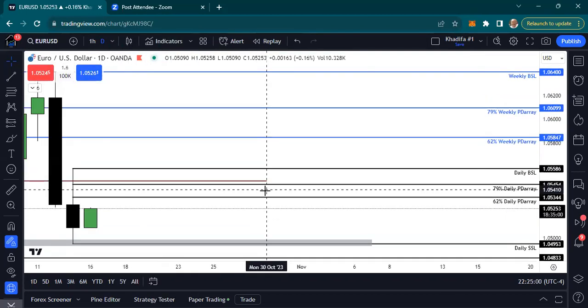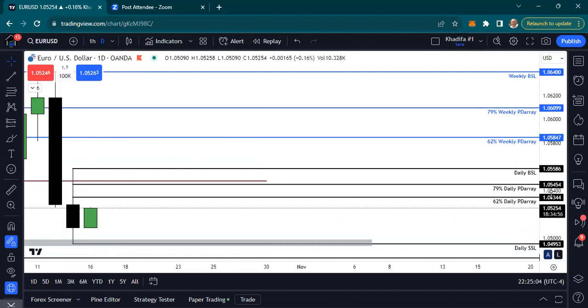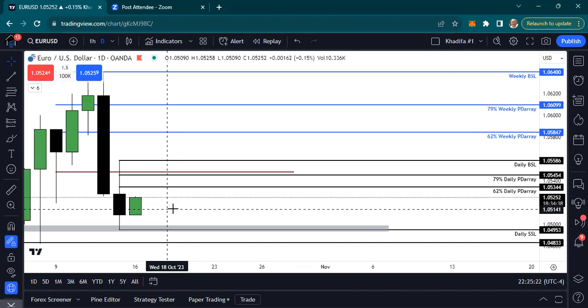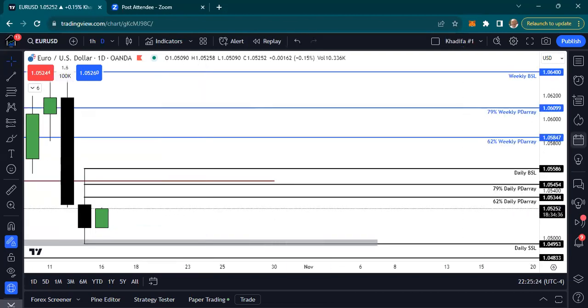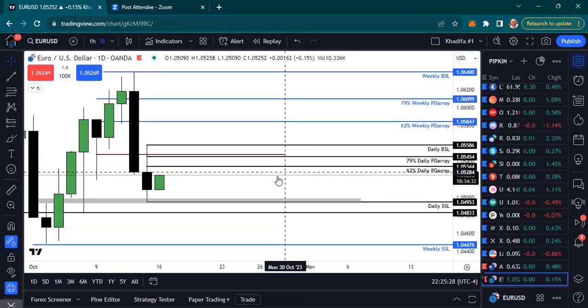So you can see that level again, 79% PD array level, 1.05454, right? And I don't want to see price retest this red line, which is consequent encroachment of the body of the weekly candle from last week's price action or price range, should I say. So that's what I want to see out of Euro USD.